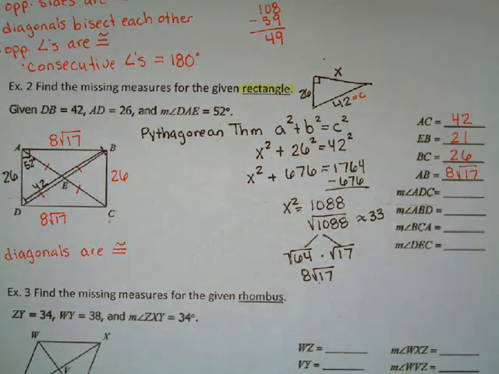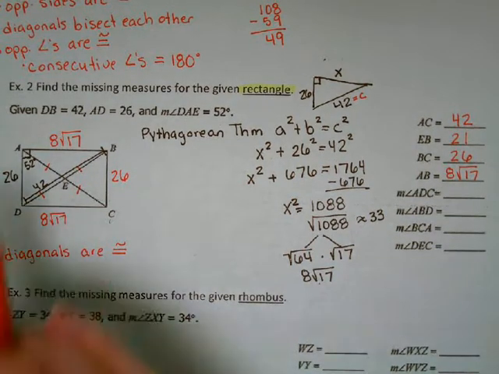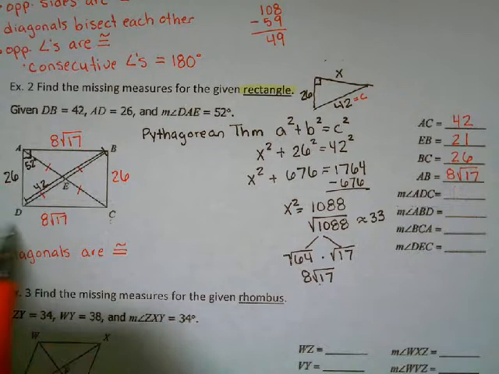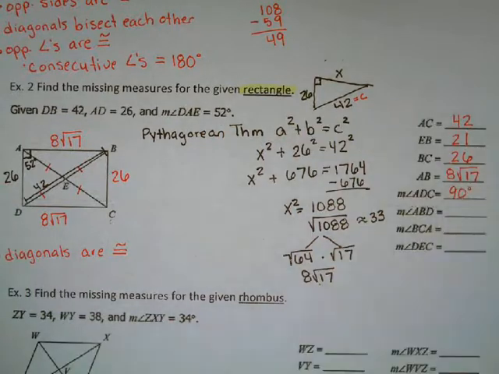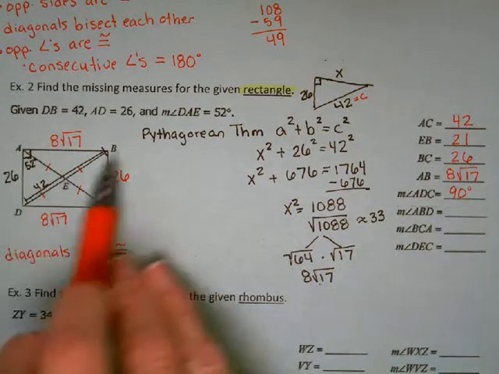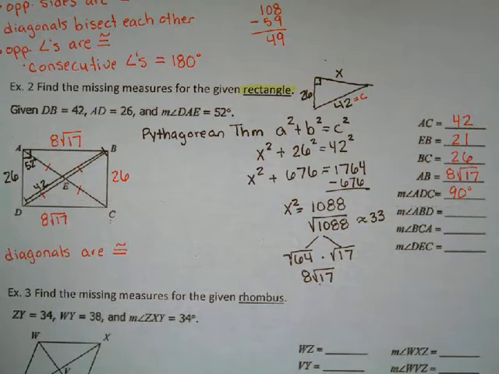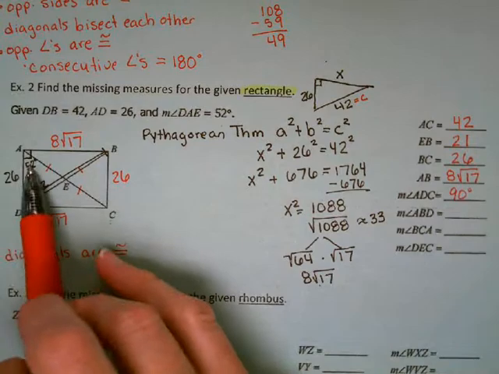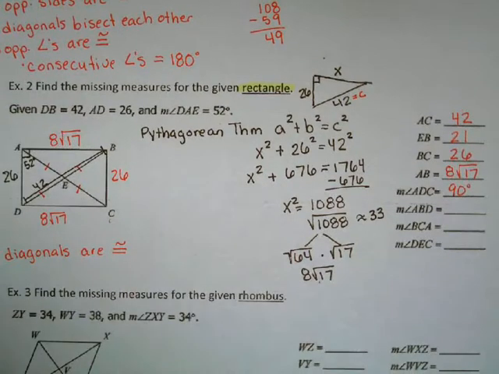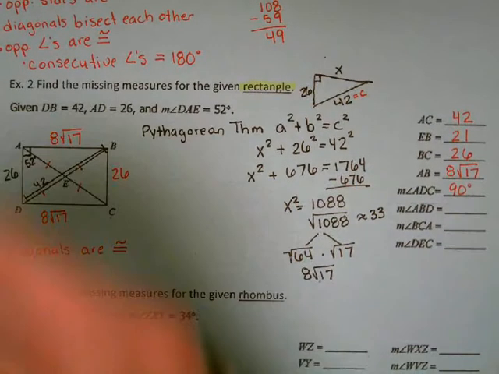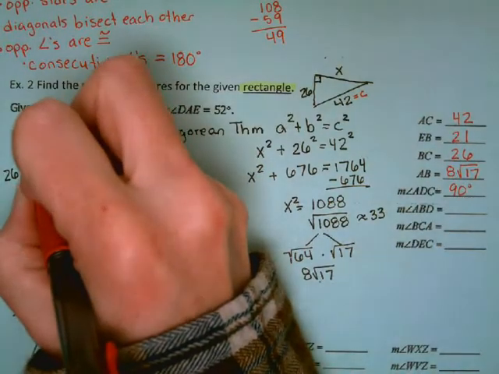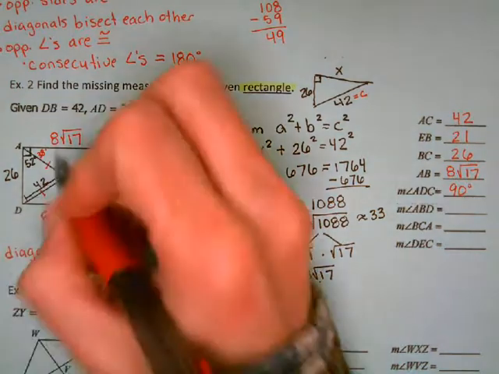Now we have some angles. ADC, that is a corner in a rectangle, and we know the corners are 90 degrees. ABD, so how can we figure that one out? Well, let's see. If I know this part here is 52 degrees, and if I take 90 minus 52, that makes this angle over here 38 degrees, which makes this angle 38 degrees.